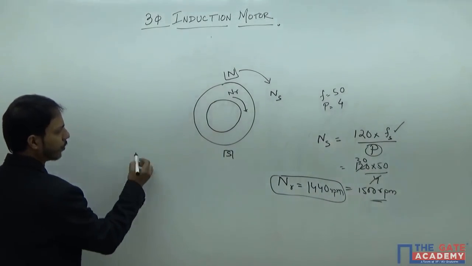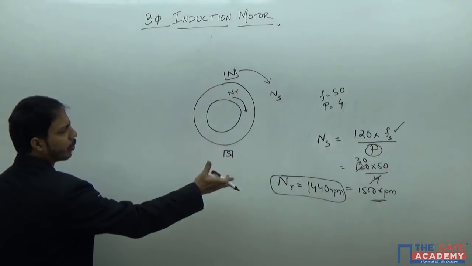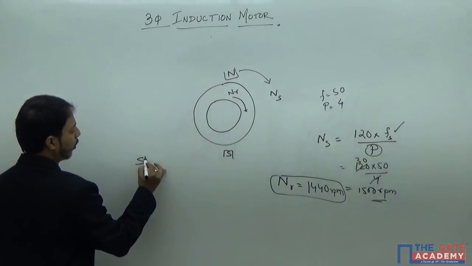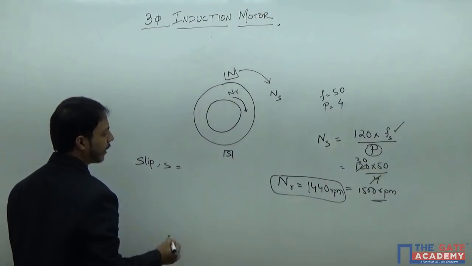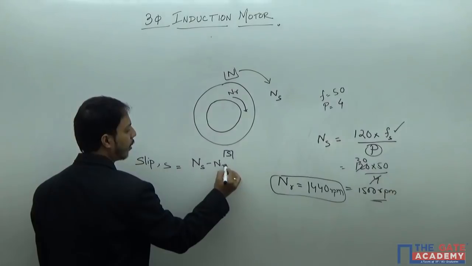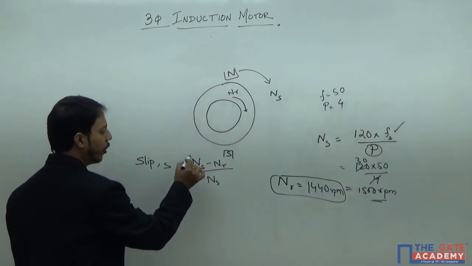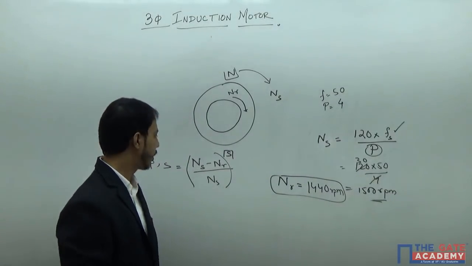So from this we can establish a relation for this difference, and that is called slip. Slip, which we represent by s, is nothing but (ns minus nr) by ns. It is a per unit value, a ratio, so it will not have any unit.